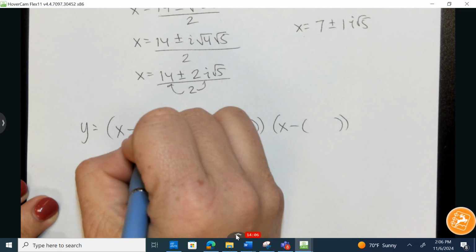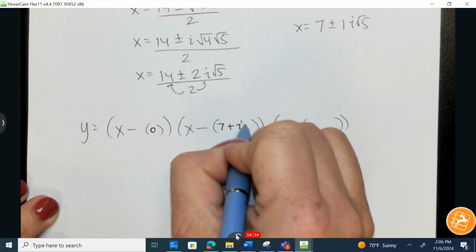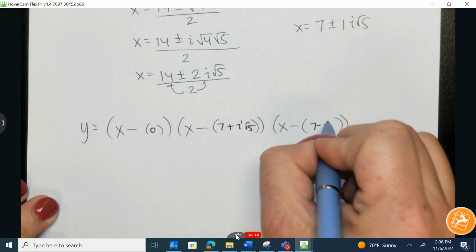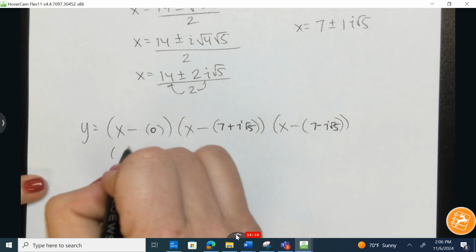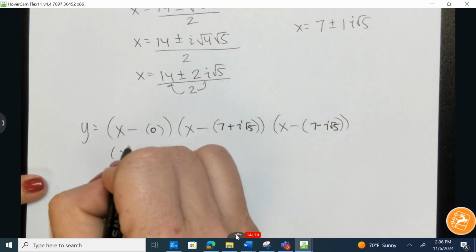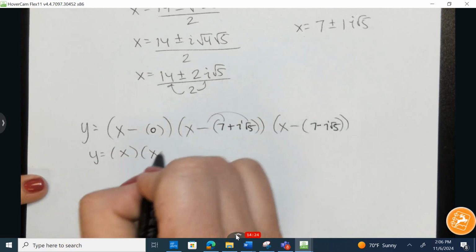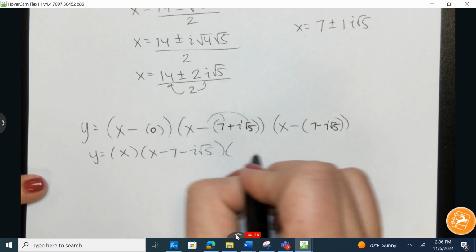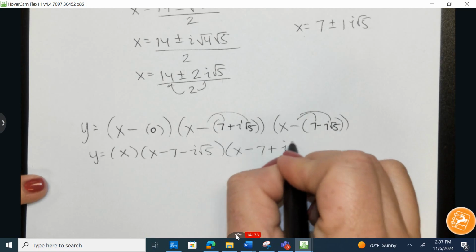So x subtract 0, x subtract 7 plus i square root of 5, and x subtract 7 minus i square root of 5. So x subtract 0, you can write that down, or just x subtract nothing is simply x. And then I'm going to distribute the negative sign: x subtract 7, subtract i square root of 5, x subtract 7 plus i square root of 5.